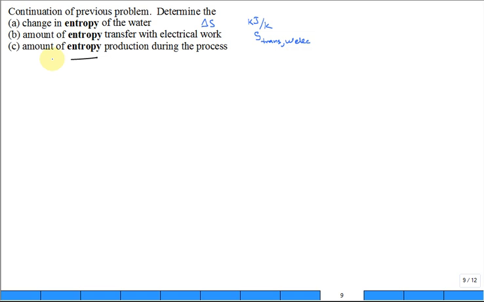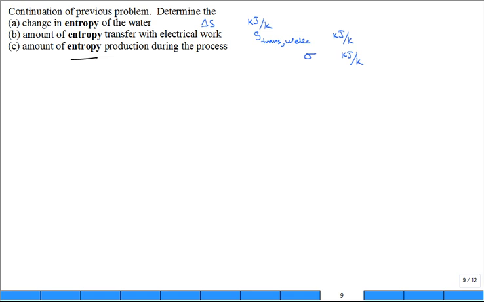All right. An amount of entropy production during the process, sometimes S gen or sigma. This book uses sigma. Other books use S gen. That's the amount of entropy production during the process. True? Oh, I forgot. What are the units on this one? Entropy transfer, kilojoules per Kelvin. Entropy production, kilojoules per Kelvin. True or false? Do you understand all that?